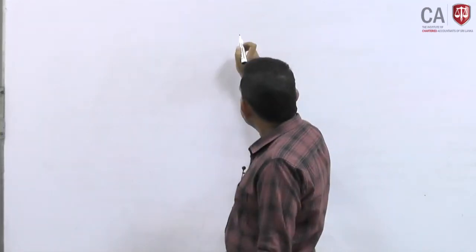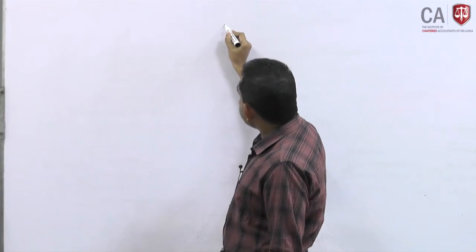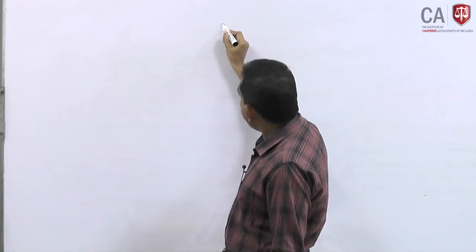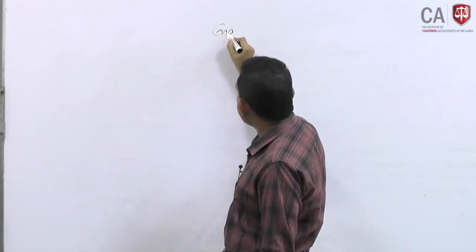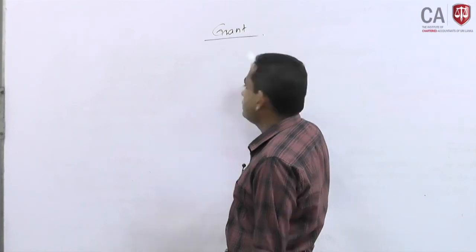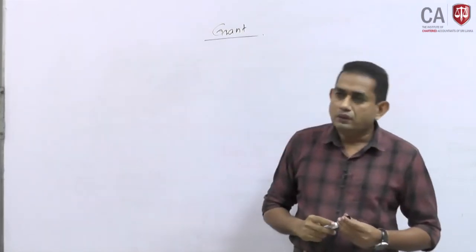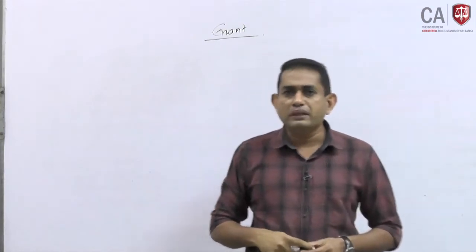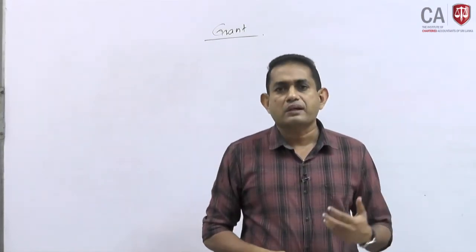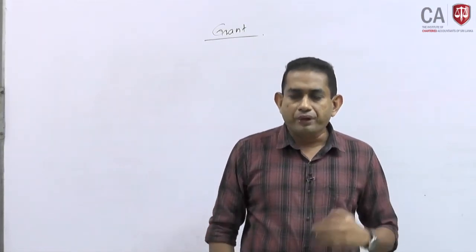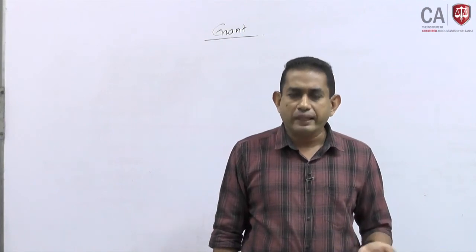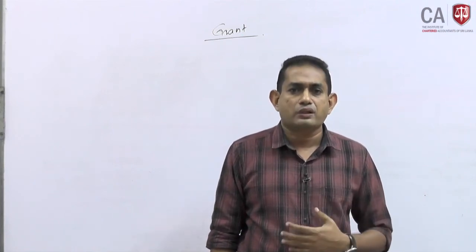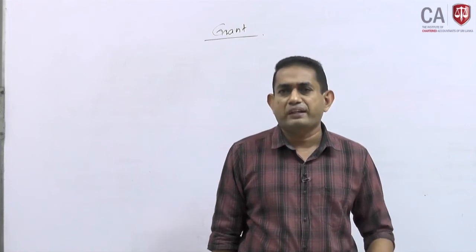Say the grant is in the profit and loss. How does the government get money to give us grants? Where does the government get money from? How does the government make money?